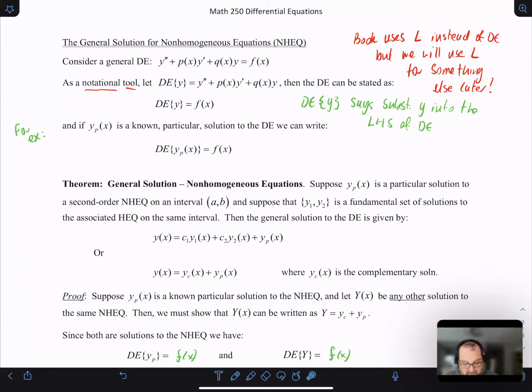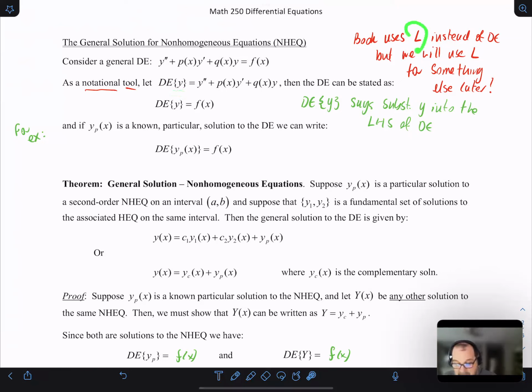All right, we're going to start with our non-homogeneous equation in standard form. Just to save ourselves some writing, we're going to use a little notational tool. I am going to call it DE of y, DE acting on y, if you like.